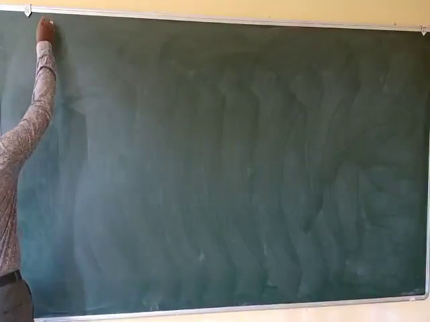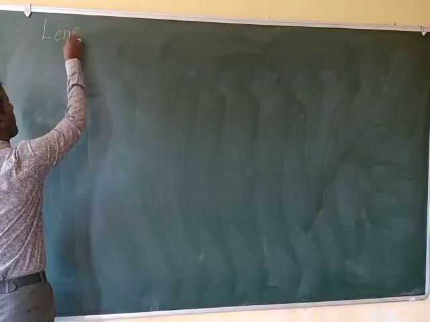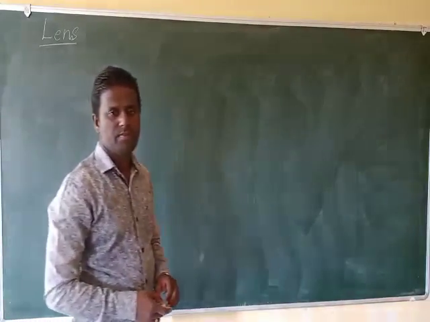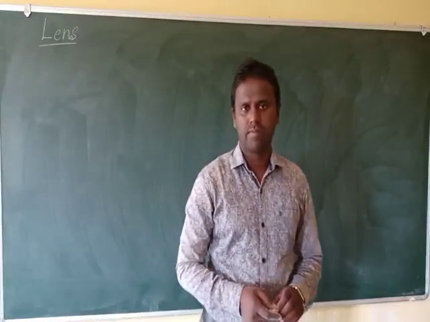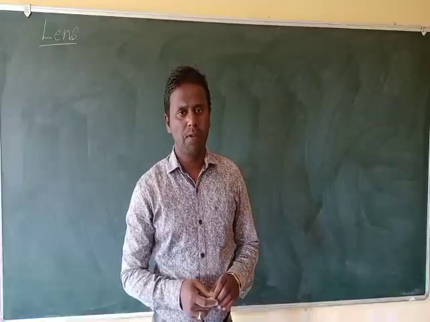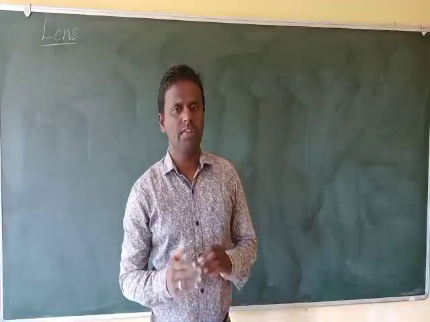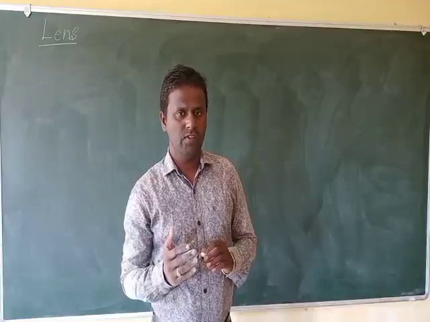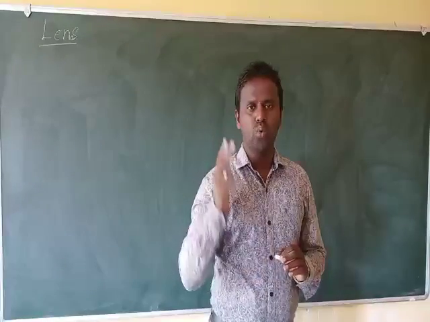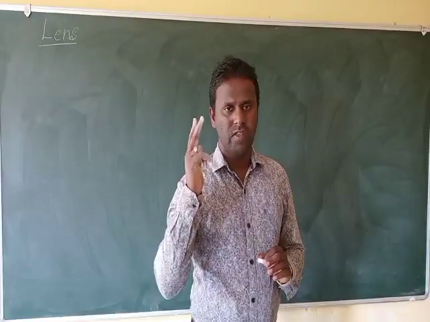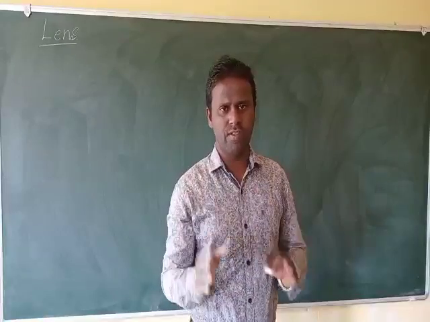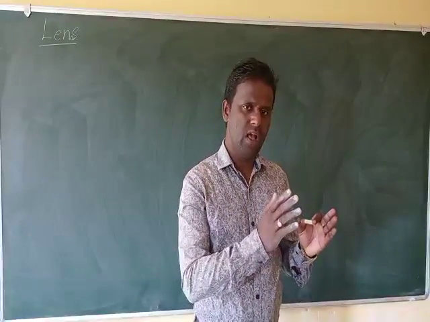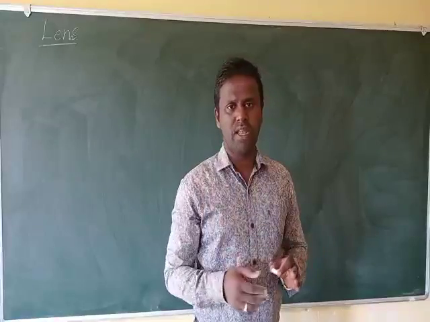See, next comes the lens. What is a lens? A lens is an optical medium consisting of two spherical surfaces, out of which two may be spherical or at least one is spherical.